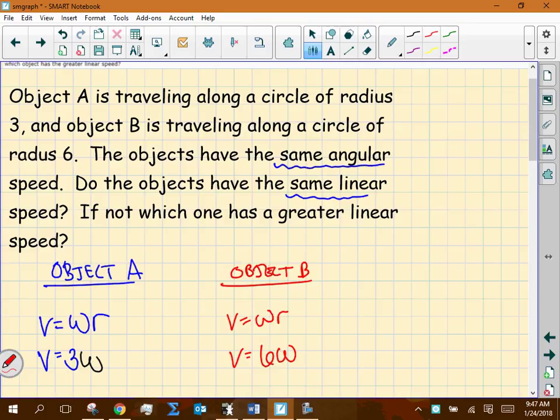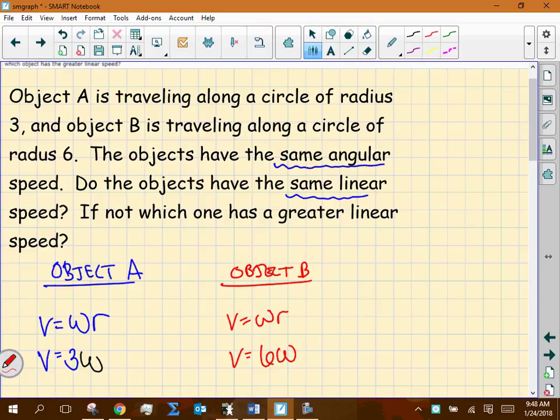If omega was 2 pi, we'd have a linear speed of 6 pi and a linear speed of 12 pi. Regardless of whatever omega is, do you see that the linear velocity of object B is twice as big as the linear velocity of object A? Object B was further away from the center of the circle, so it has the greater linear speed.